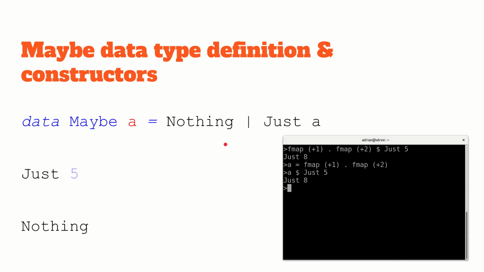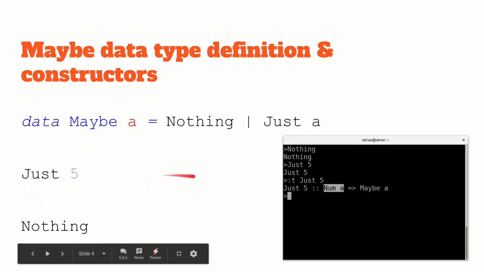and so if I do Nothing, or Just 5, that's a Maybe type of an Int that holds the value 5. If I do :type in Haskell, as you can see, here it's a Maybe type of a, and a is a number, so it's a number actually, it's not an integer.